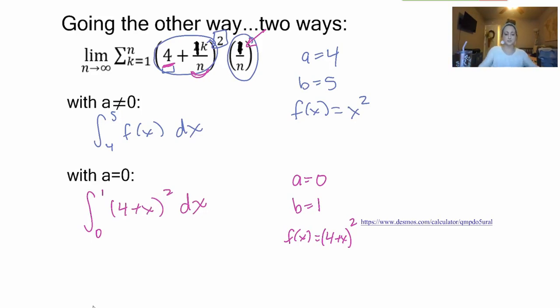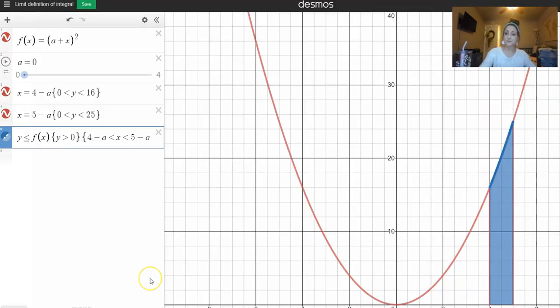Okay, let's take a look at this graphically, make sure you're convinced. What does adding 4 to the inside of the parent function x squared do? It's going to shift to the left 4, and notice that my limits of integration have shifted to the left 4 as well. Okay, so the very first integral we got was f of x was just good old x squared, and we shaded the area from x equals 4 to x equals 5, right?